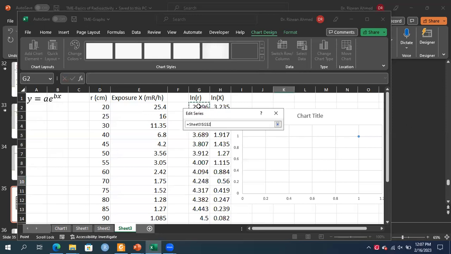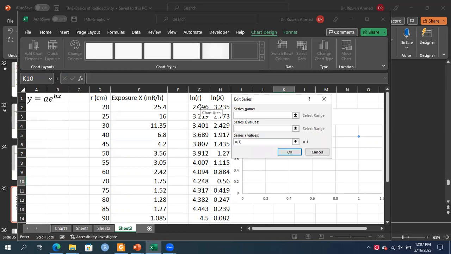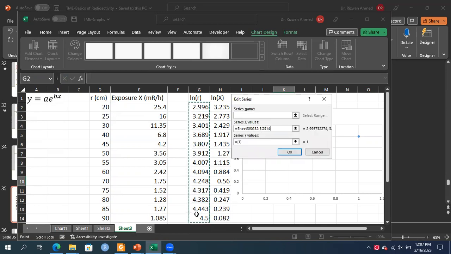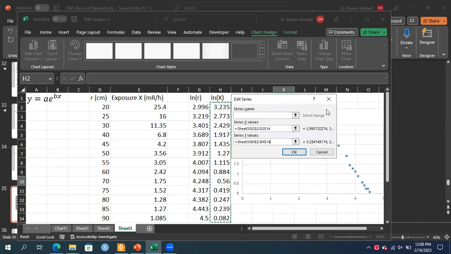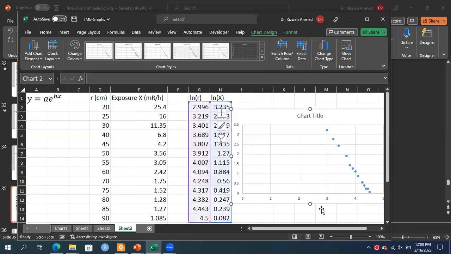On x-axis, I will take the values, and for y-axis the other values. So we have got the equivalent representation.